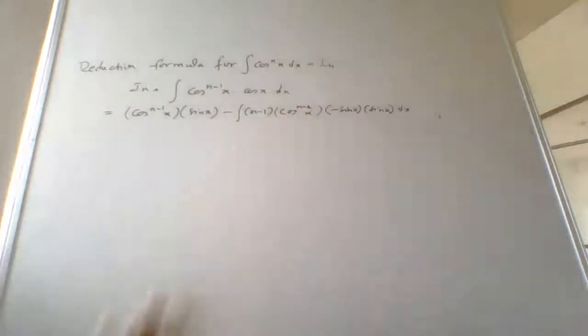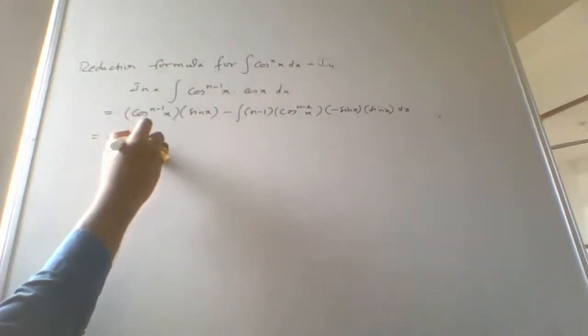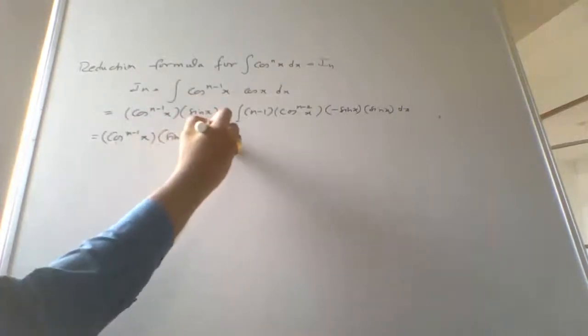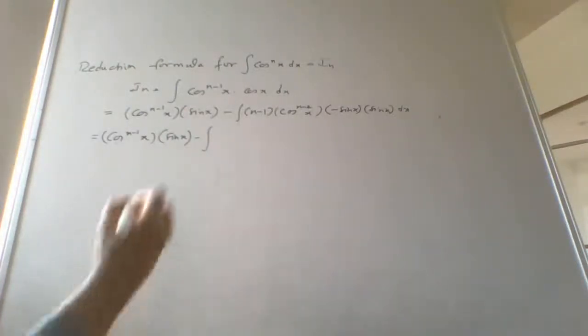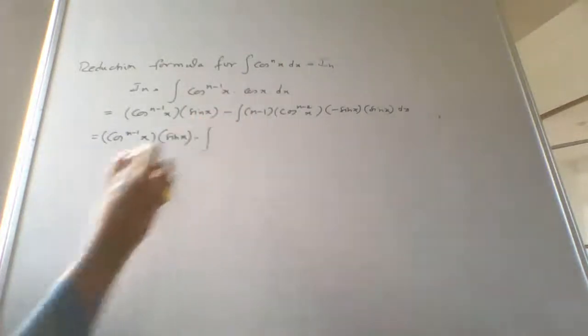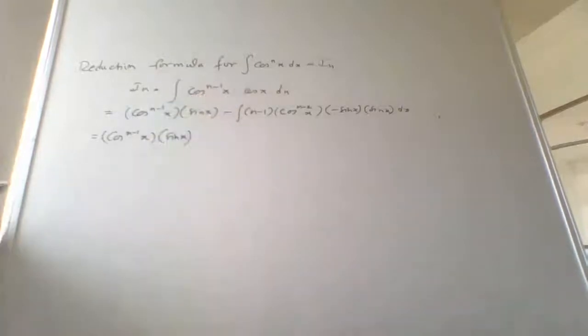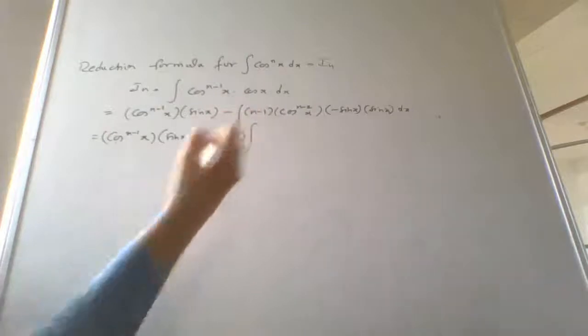Now sine square can be written as 1 minus cos square, so let us put that here. We have the integral, this is minus and minus, so you will get plus, and n minus 1 if I take outside.